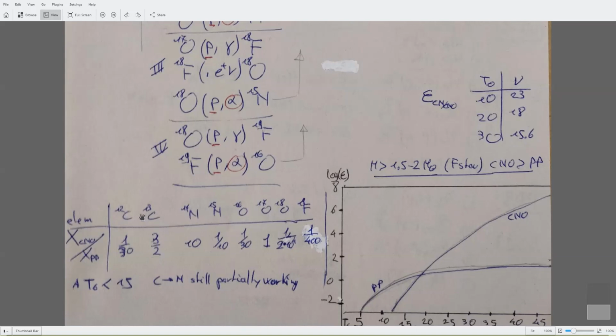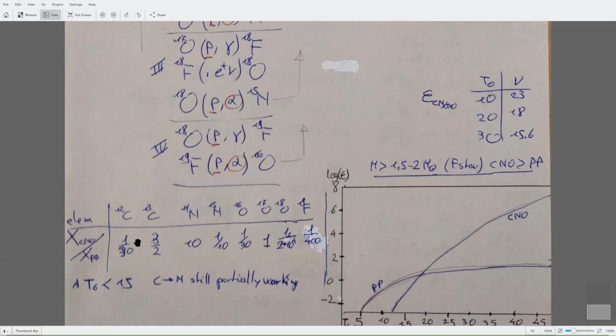So if you check the composition outside a star, you can see the ratio between these two, which have a slightly different line, because this is 12, this is 13.